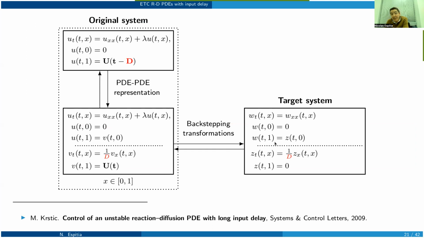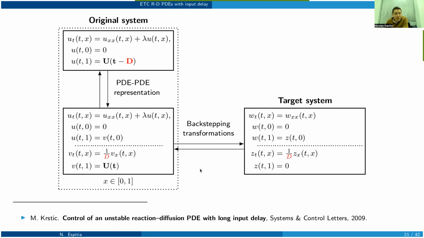One of the key ideas is to represent the delay as a first-order linear transport equation, which is a linear hyperbolic equation with a transport speed 1 over D. So here we have the PDE representation where x is the spatial domain belonging to (0,1), and the control action takes place at the boundary of the transport PDE at x equal 1.